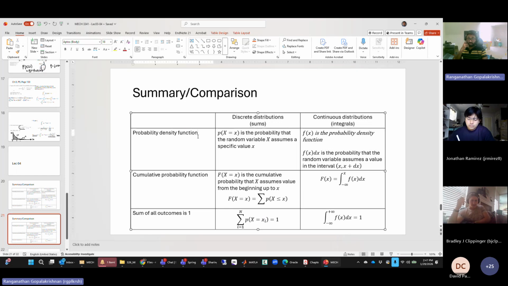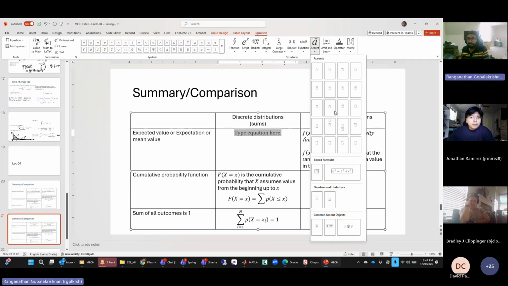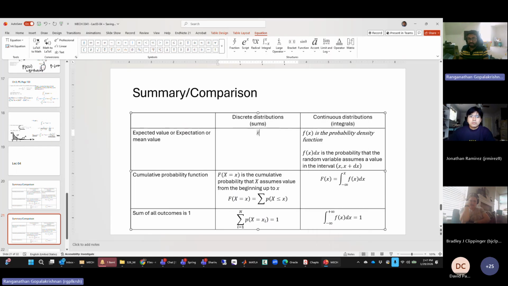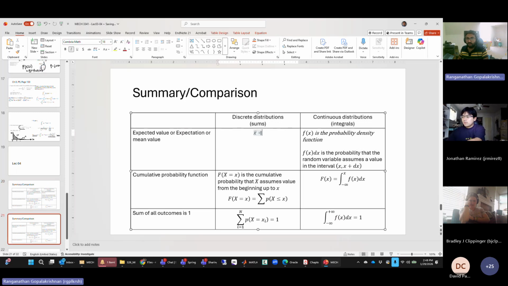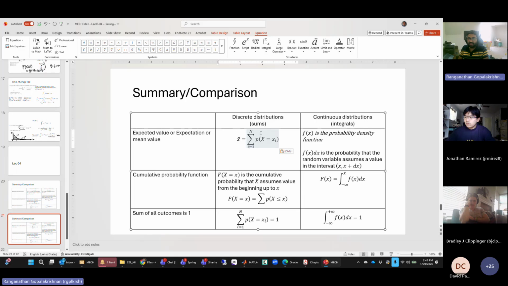Okay, for discrete distribution, we want to talk about the expected value, or what is called expectation or mean value. How do you compute that? If you want to know the mean value of x, the mean value of x is given as the summation of each value of xi that occurs in the distribution, each discrete value that occurs, multiplied by the chance with which it occurs.